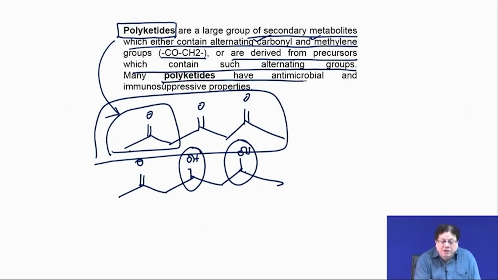Many of the polyketides have good antimicrobial properties, some are anti-cancer drugs and some are immunosuppressive agents. In fact, the major proportion of the natural products which are used as antimicrobial agents or anti-cancer agents are derived via the polyketide mechanism, or they belong to the class of polyketides.